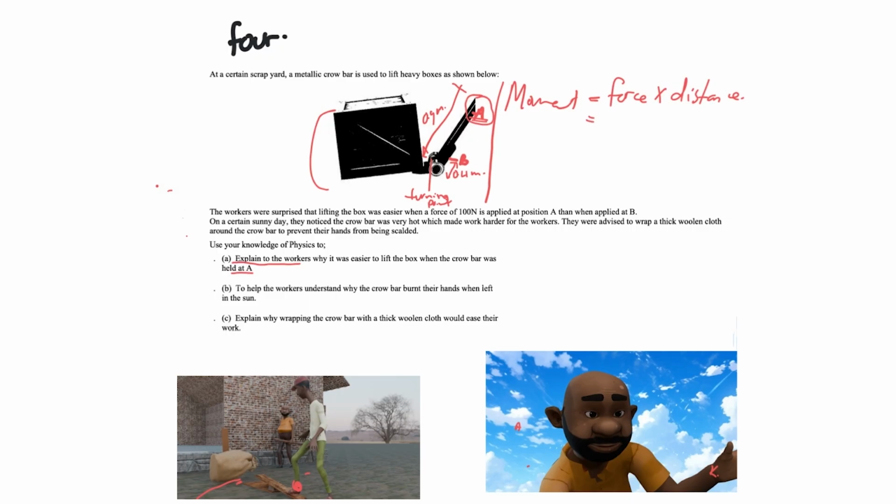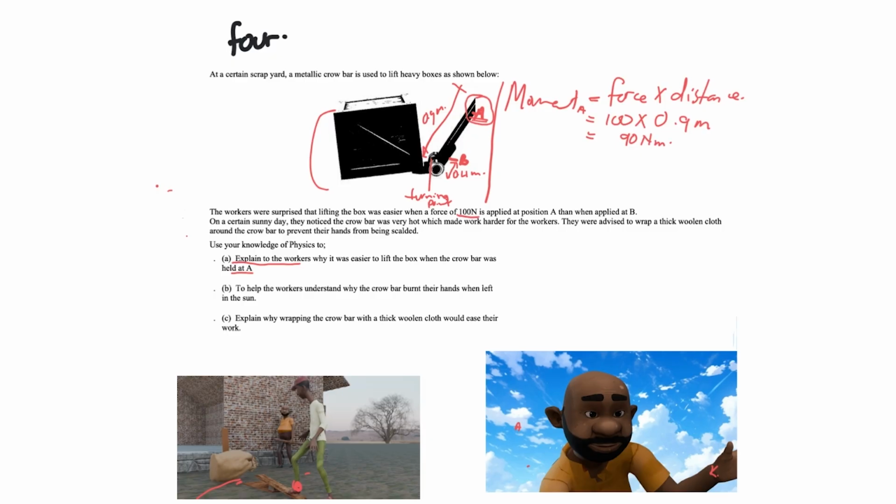That is equivalent to, now this Mr. Star used a force of 100 Newtons times, now the distances, let us calculate moment at A. So that distance is 0.9 meters, which is equal to 90 Newton meters.